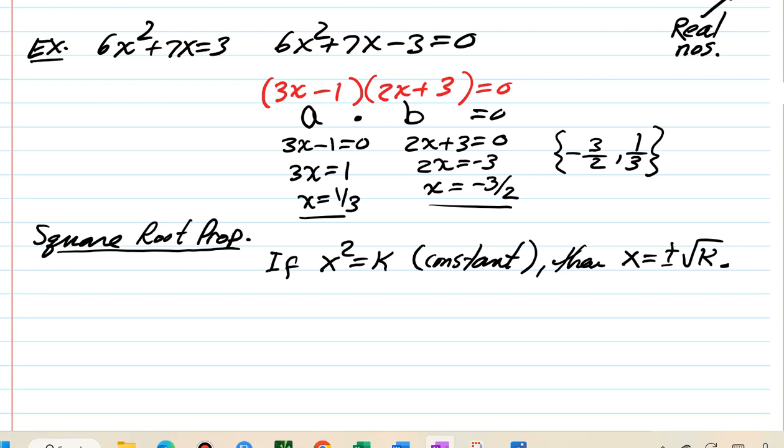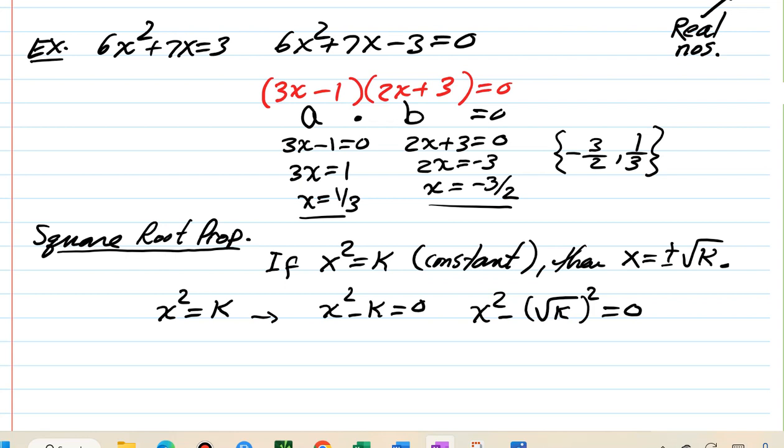Now, let's see how this comes about. If I have an equation x squared equals k, I can move k to the other side, and that means x squared minus k is 0. And we can rewrite k in the form of square root of k, squared, right? That's still k.